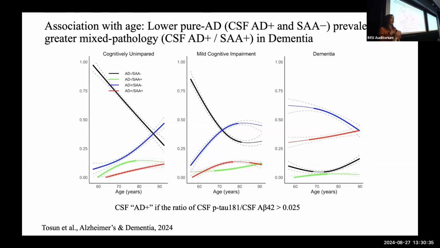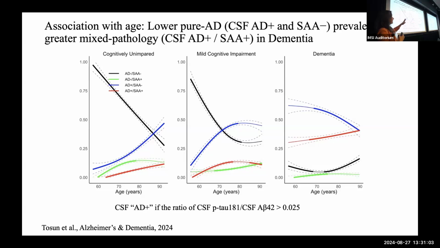When we start looking at this in more detail, for instance, at how these pathologies change with age, in cognitively unimpaired or mild cognitively impaired individuals, there's that expected increase with age. As they get older, they show more AD biomarker burden, as well as more alpha-synuclein Lewy body pathology.